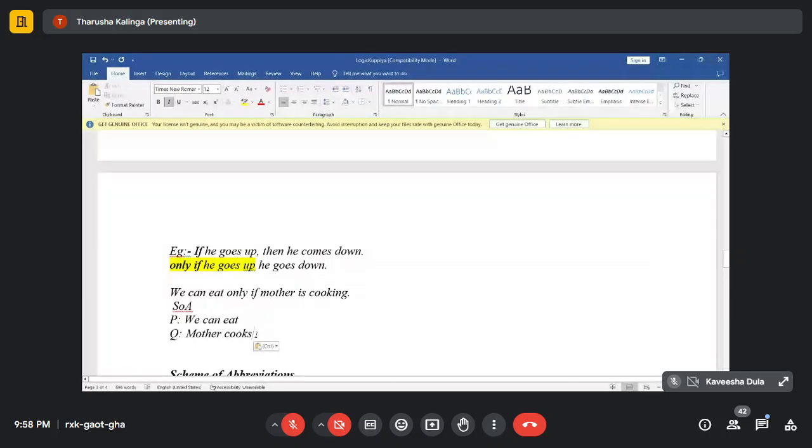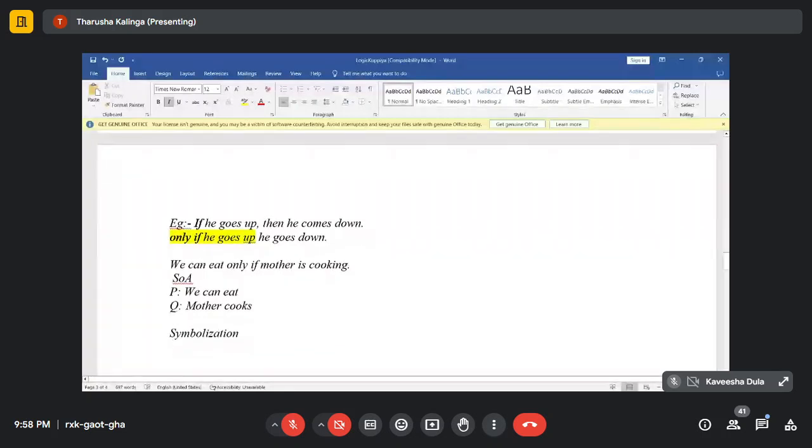Then how are we going to write it down? Symbolization should be: we can eat, mother cooks. Those are the two things. So we can eat only if mother is cooking, so mother is cooking, or mother cooks, comes first.